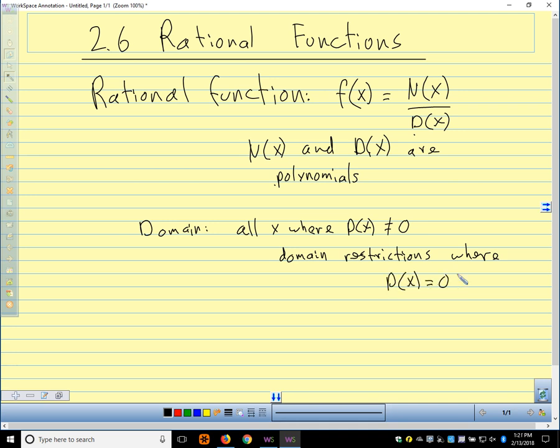So we're restricting from the domain the x values that make the denominator 0. Our domain is where the denominator is not 0, all those other values. A lot of times when a problem asks for the domain, students will list the domain restrictions. Make sure you keep the two straight.